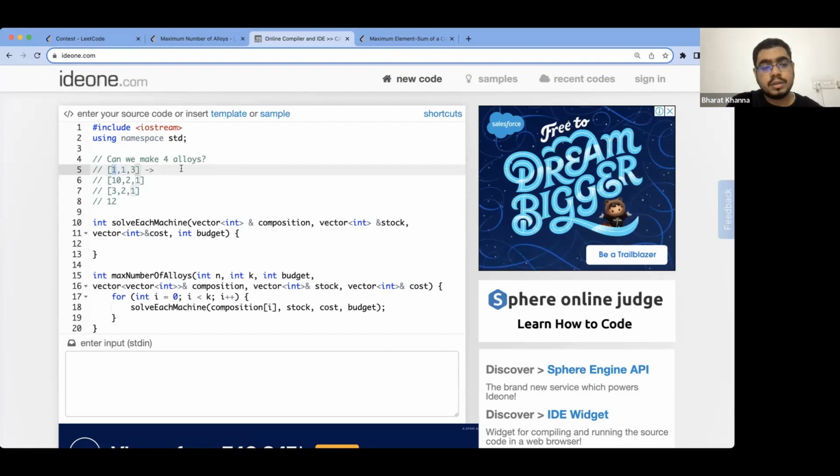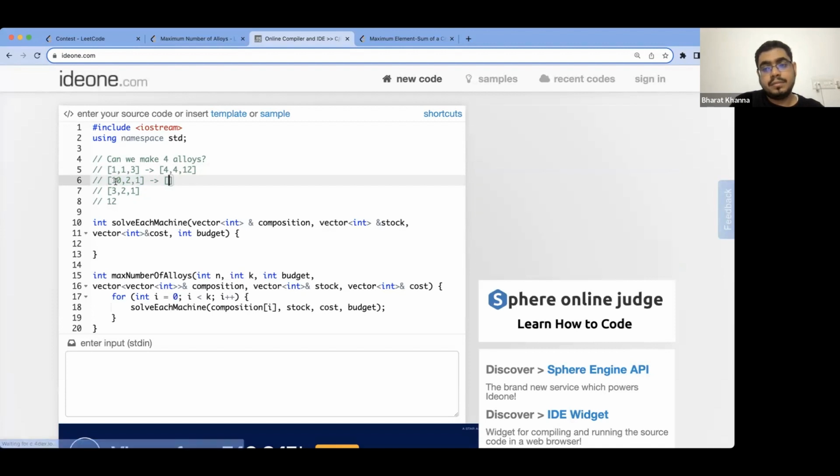For first stock, 4 into 1, 4. For second metal, again 4. For third metal, 12. Okay. Now, this is what we already have. So help me calculate how many extra do we need? How many extra first metal do we need?